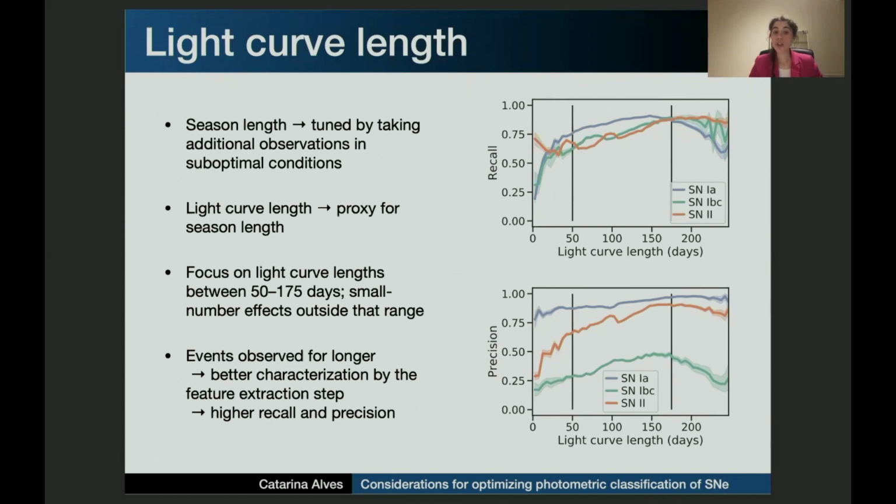We also focus on light curve lengths between 50 and 175 days, so between the two vertical black lines in the images, due to the small number of events outside of this range. And we find that events observed for longer have better characterization by the feature extraction step and a higher recall and precision.